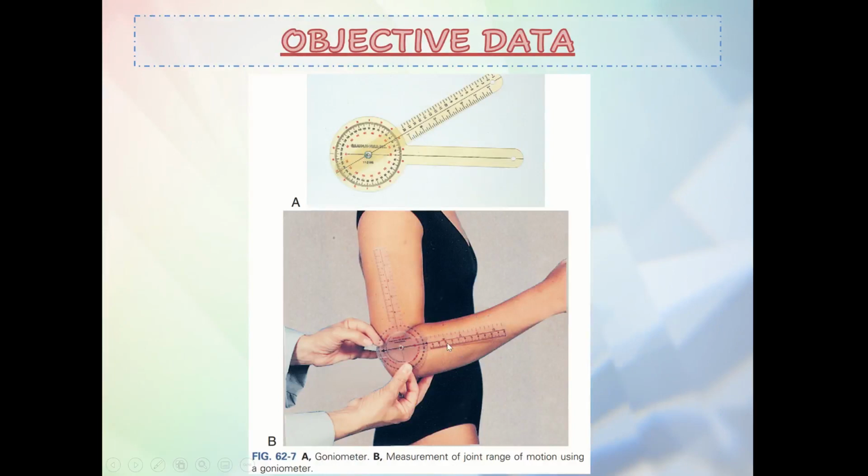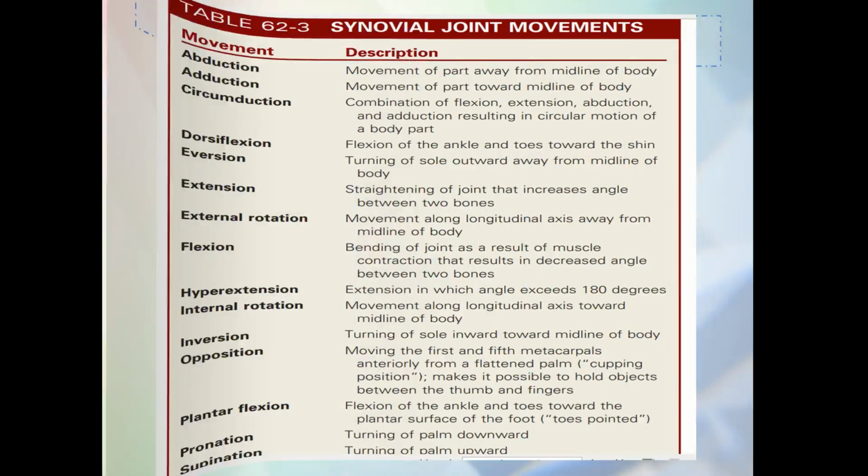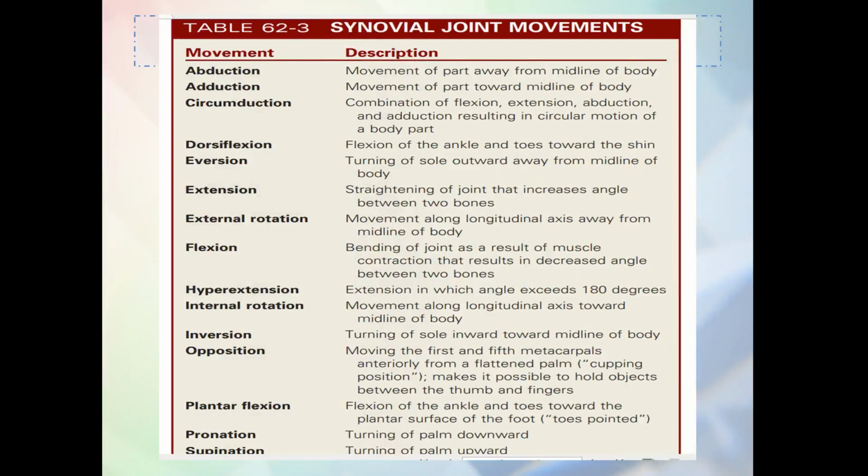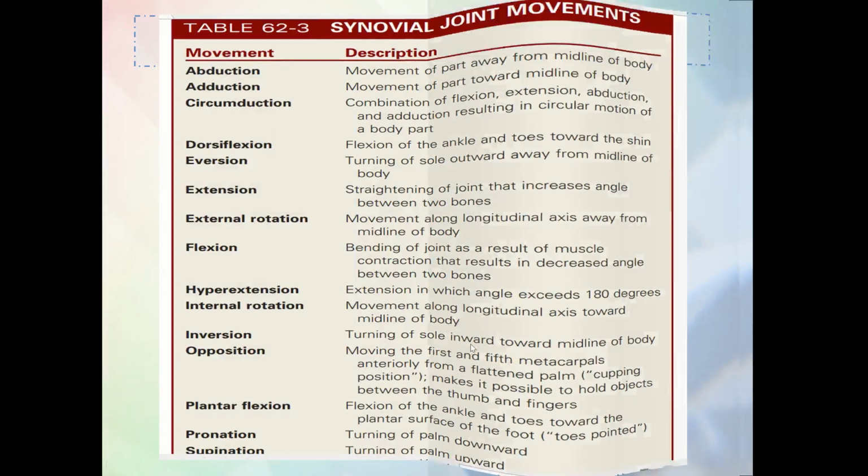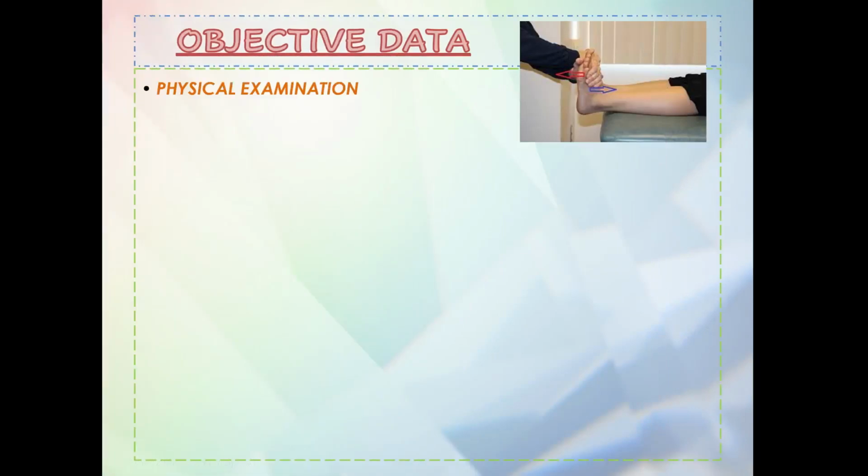Okay, so naka-angle siya. Okay, so dito I just included the synovial joint movements. So you have encountered this already in your health assessment subject. So you have the different movements and we have here the description. So kindly read na lang.